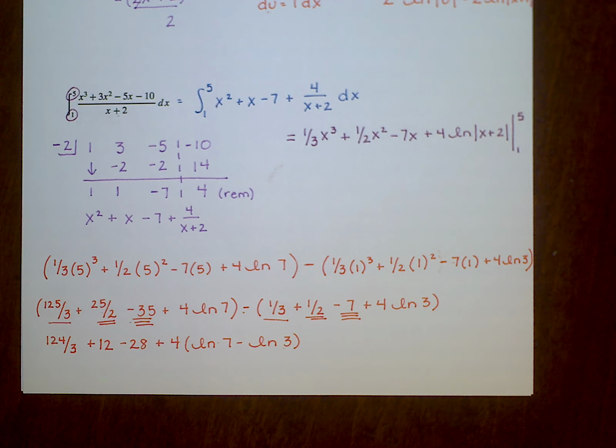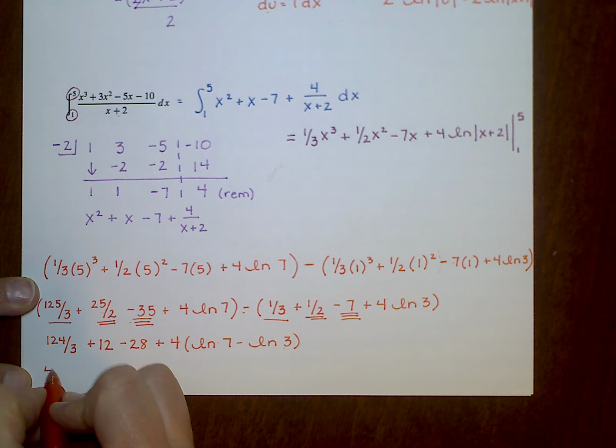I don't love this 124 over 3. I might wimp out a little bit here and say, okay, if this was 120, that would be 40, right? Because 120 over 3 is 40. So 123 would be 41. So this is really 41 and 1/3.